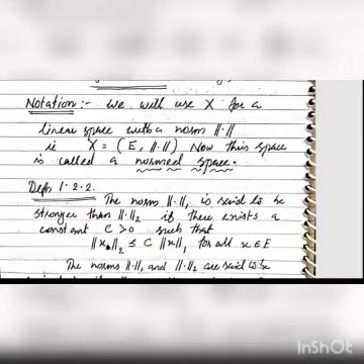Now definition 1.2.2, that means the comparability of norms.